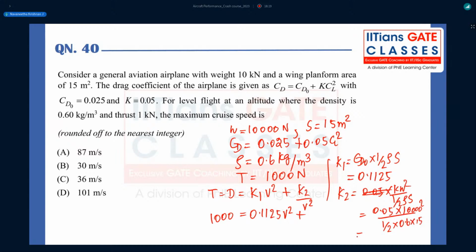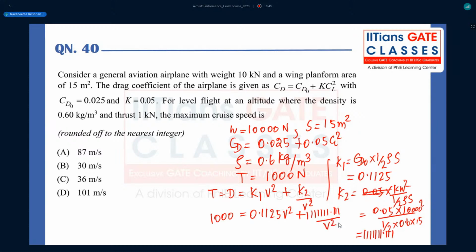Substituting that, I get K2 as 1111.111. So substitute that divided by V square.